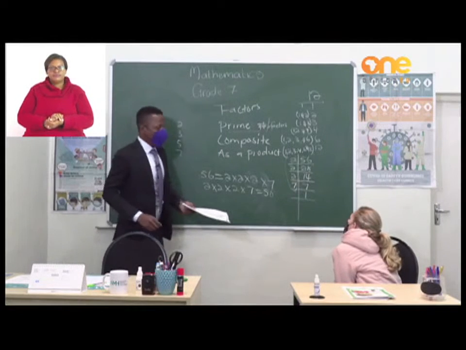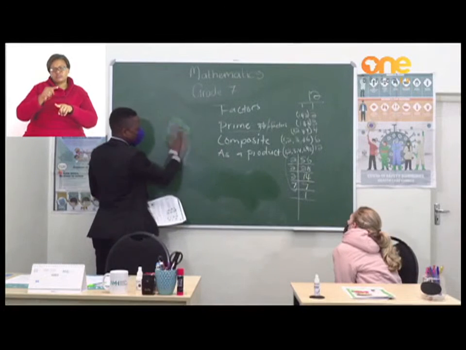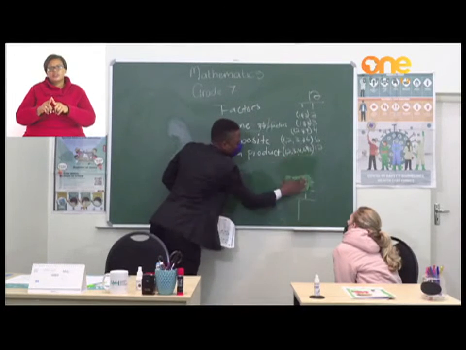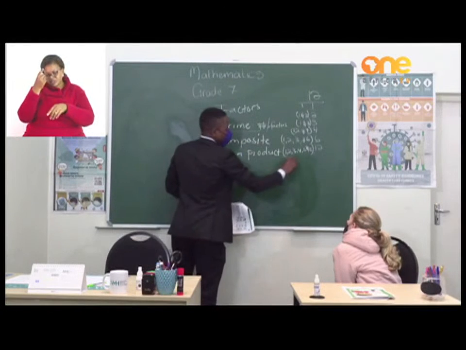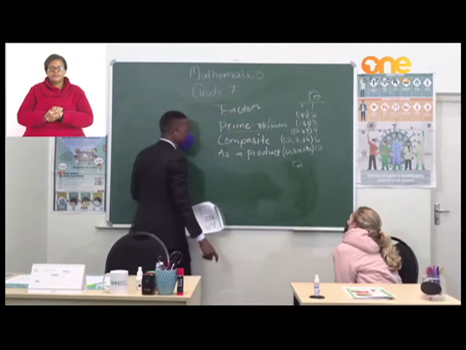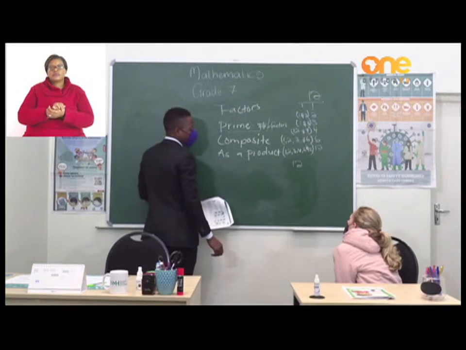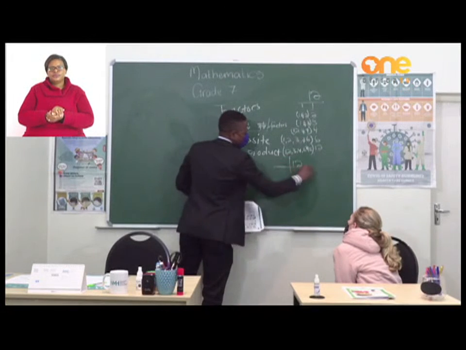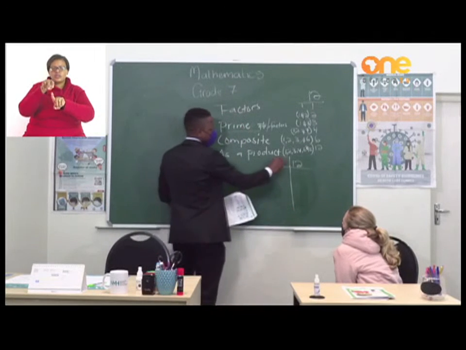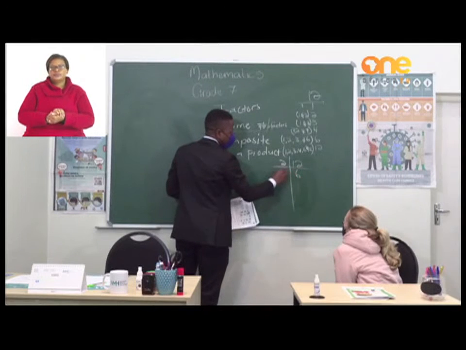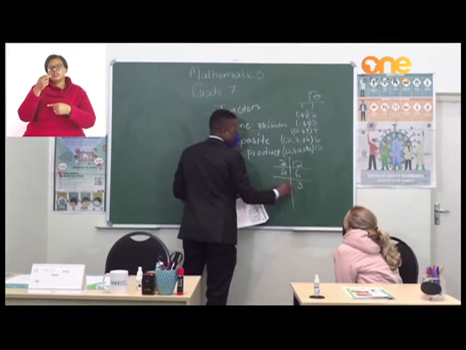I would like to give a first example of 12 that will not take long, just to make things much more understandable. We have 12. We must write 12 as a product of its prime factors. Remember, our lowest prime number is 2, so we can halve it with 2, we get 6. 6, we can halve it with 2, you get 3.